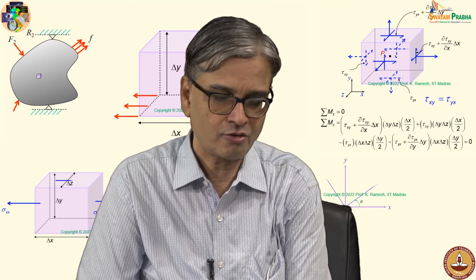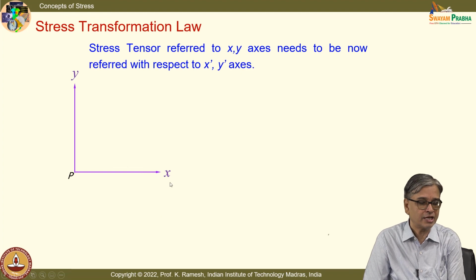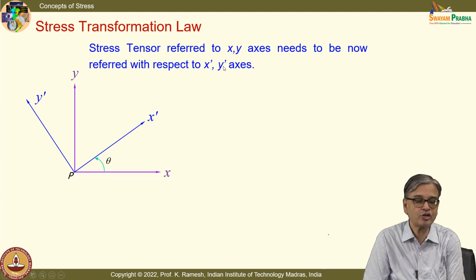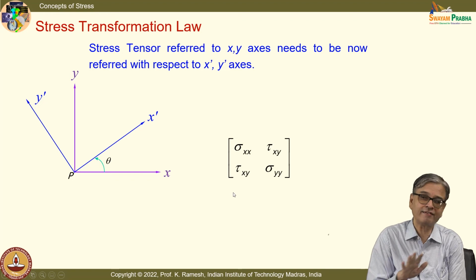So the idea is to have the reference axis xy, with the stress tensor referred to it. We will label it sigma xx, tau xy, tau yx, sigma yy. Look here, I have brought in the equality of cross shear.